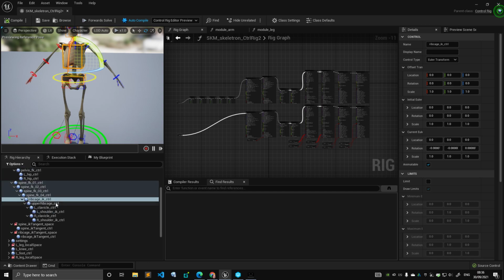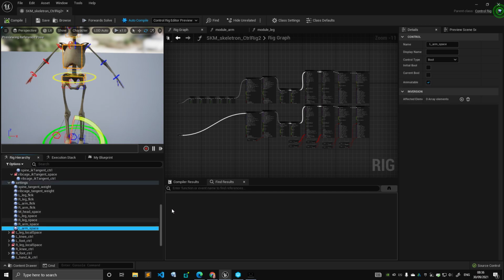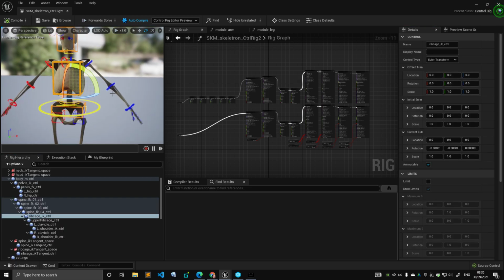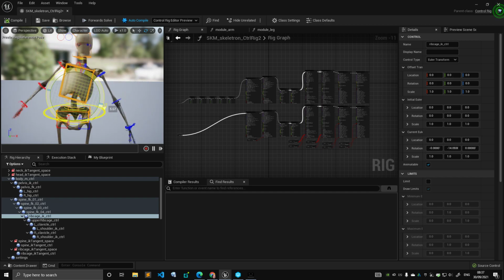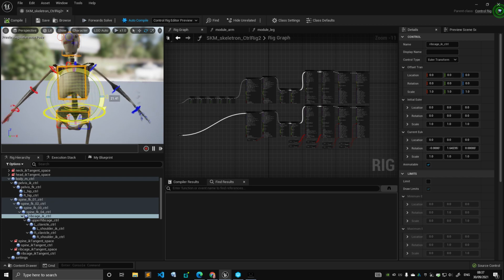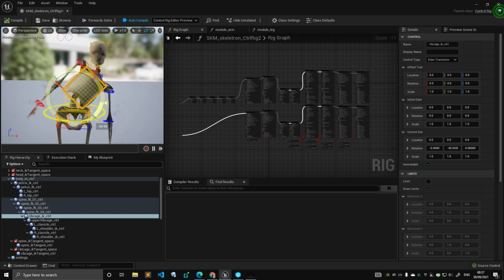So what happens if I change the settings for the arm? One of the two arms, let's see the difference. One arm follows both the translation and rotation of the rib cage. The other one follows the rib cage in translation, but it preserves the orientation based on its world space.